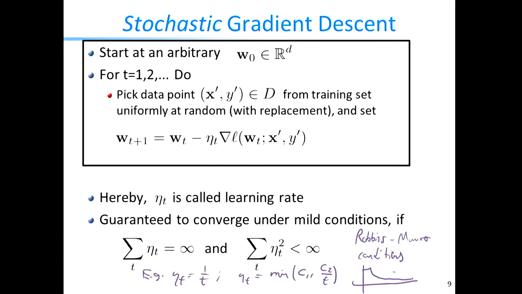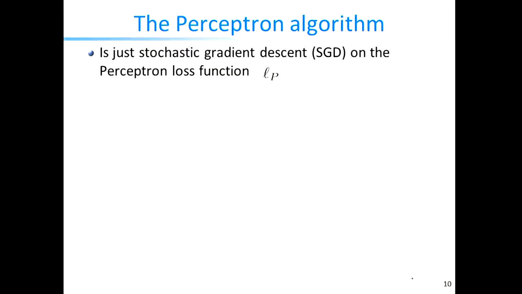Learning rates are extremely important to get right for these algorithms to converge. These are sufficient conditions to, at least in theory, get convergence. So let's look at what this concretely means for the perceptron algorithm.